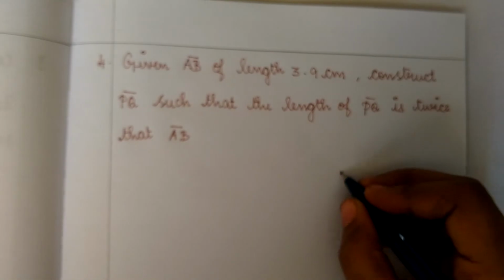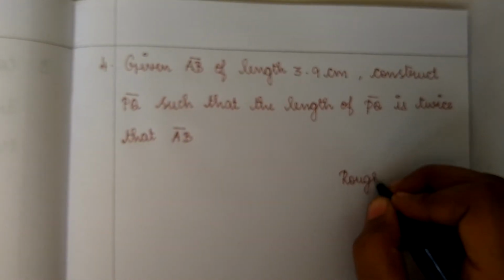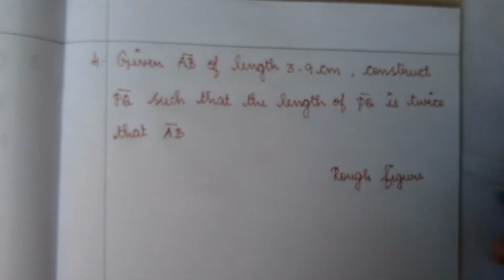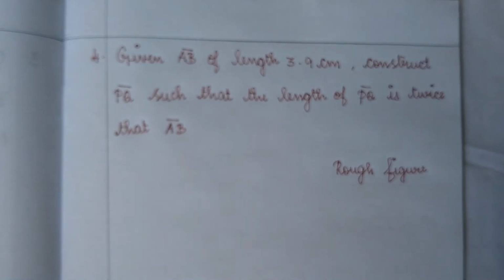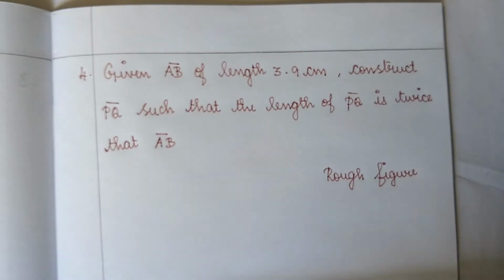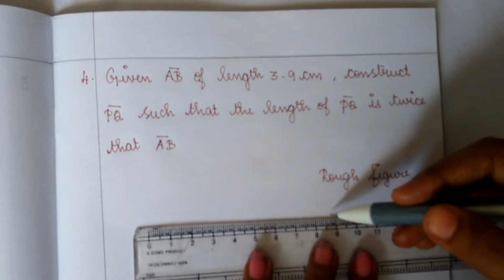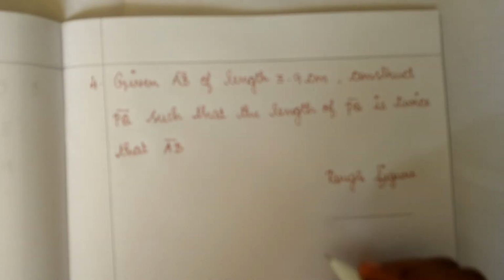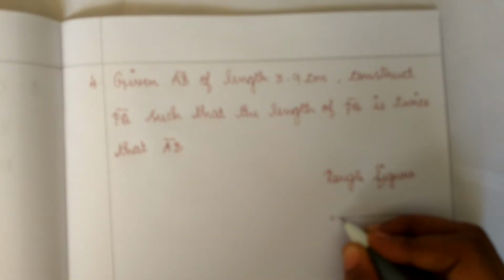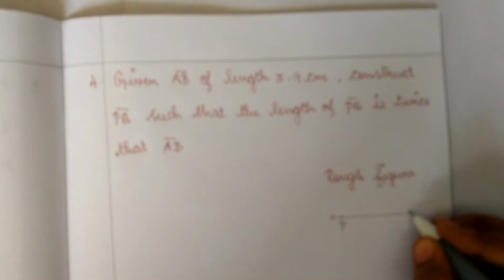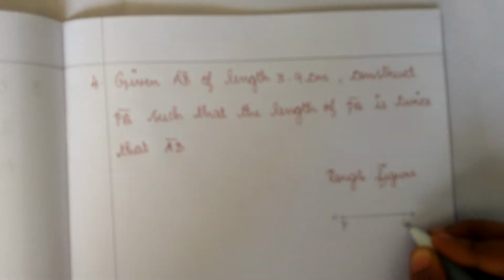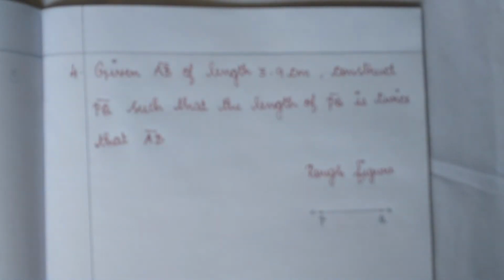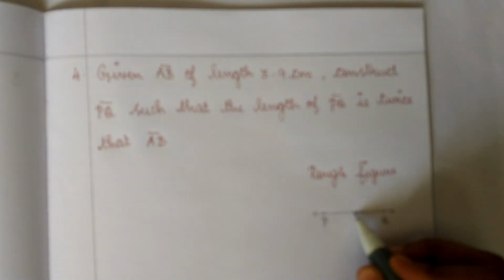First we draw a rough diagram. This is point P. This one is point Q. The given hint is line segment PX.